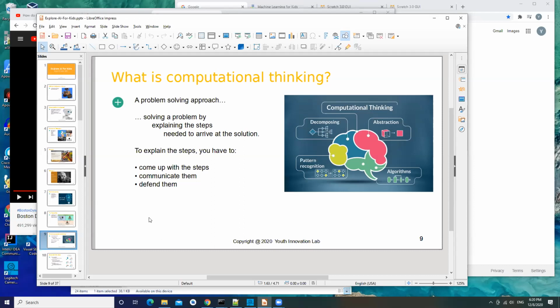So what we try to do is build the computer and make the computer think like a human. This comes with a term, again, you probably never heard before. It's called computational thinking. Computational thinking is not super challenging.